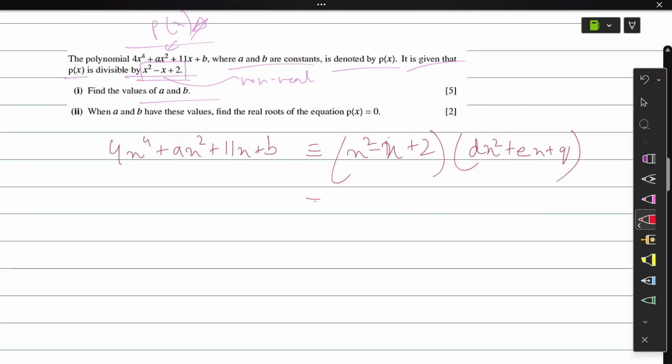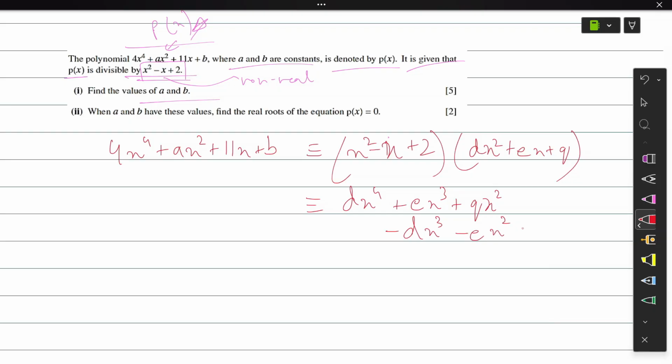Now, let's simplify: dx to the power 4 plus ex cubed plus qx squared, minus dx cubed minus ex squared minus qx. Then we have plus 2dx squared.